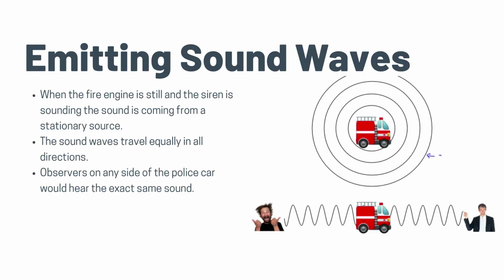These are sound waves. Okay, you can see that they're equal distance apart. That means the wavelength is constant. And they'll be travelling at the speed of sound in air, which is 340 meters per second. That's fine, isn't it? Okay, they travel equally in all directions.